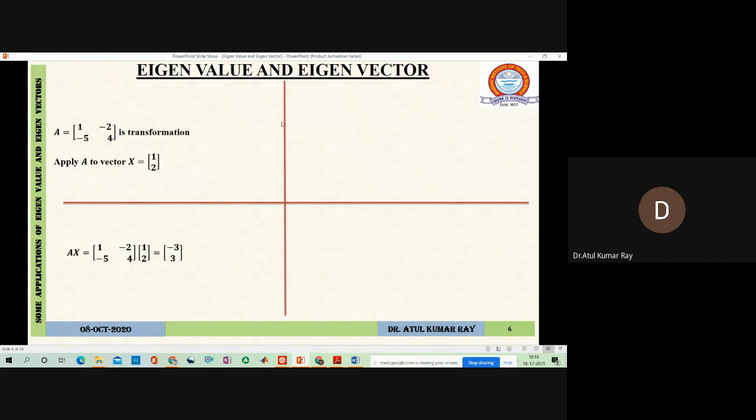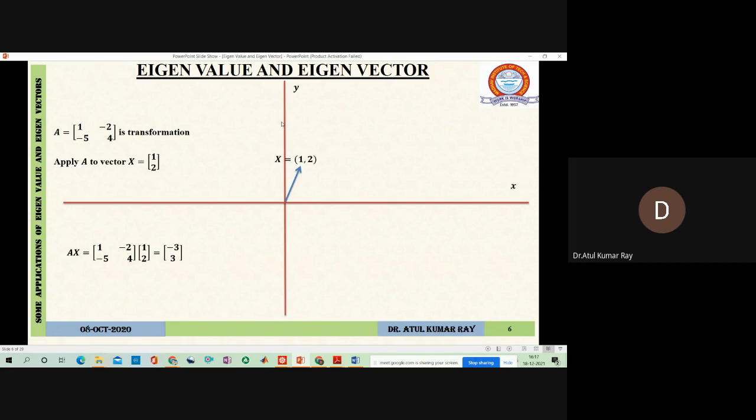Now let's check. Again, I will apply the transformation A over this vector x. And this time I am getting minus 3, 3. If I locate this point 1, 2 on the graph, it will be somewhere here.